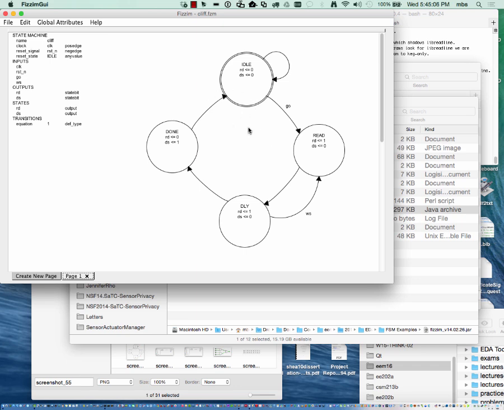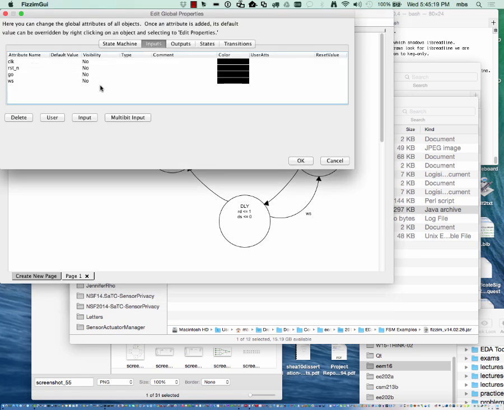I'm not going to redraw it, but the idea is that it has concepts of states, transitions, inputs, and outputs. I can add new input and output by going to attributes, inputs, and out here I basically have all the 4 inputs stated. It also has support for multi-bit inputs, like buses. I can add new inputs, set the colors and beautify them. I have outputs, same story. Out here, I have states.